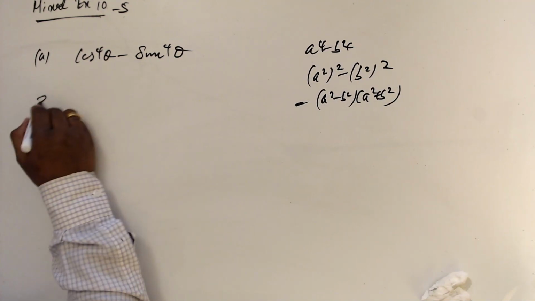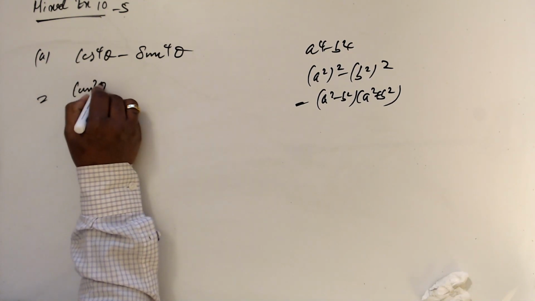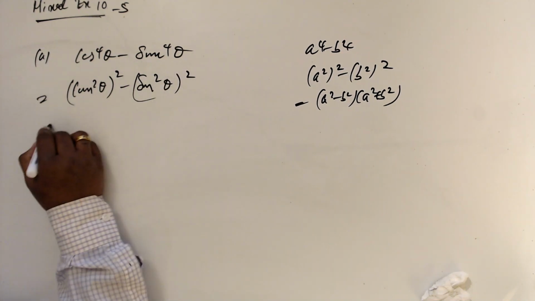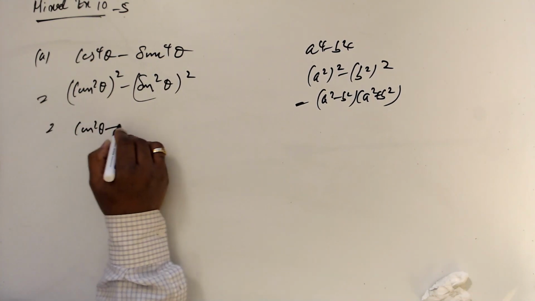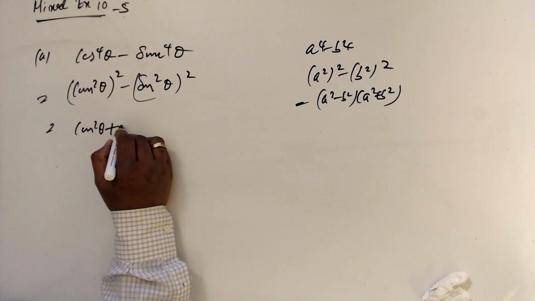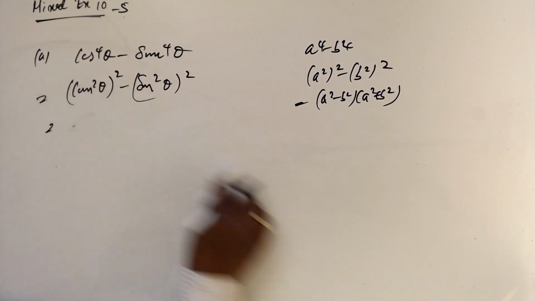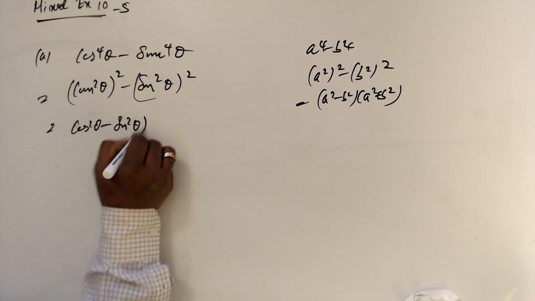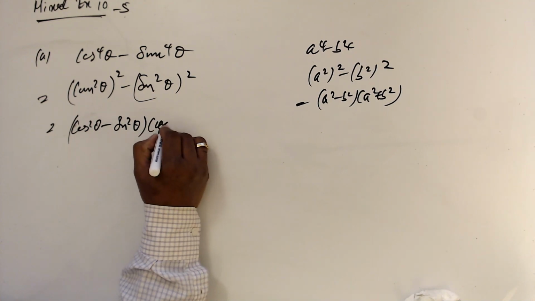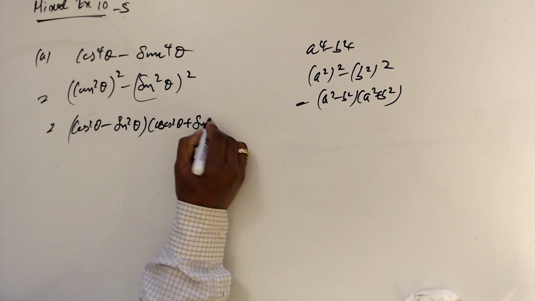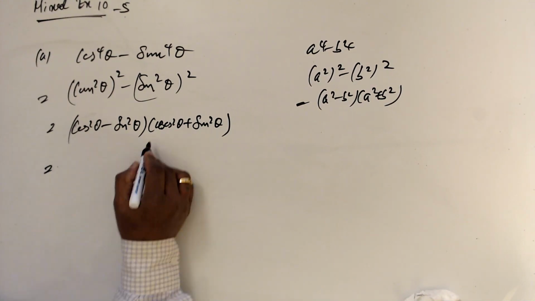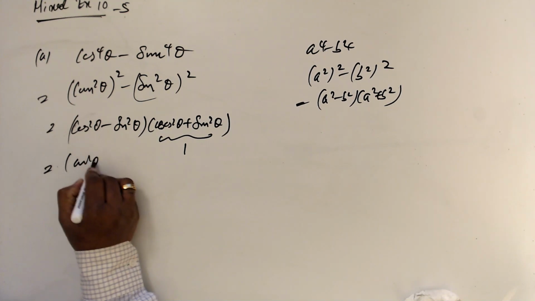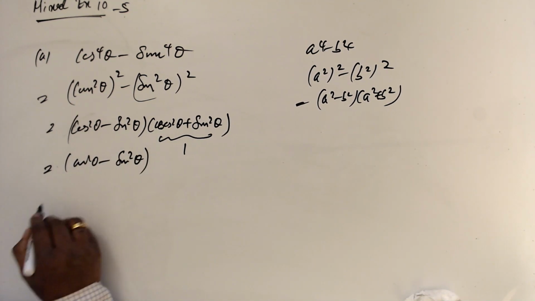So this is cos squared theta squared minus sine squared theta squared, then cos squared theta minus sine squared theta, times cos squared theta plus sine squared theta. Now cos squared plus sine squared theta equals 1.